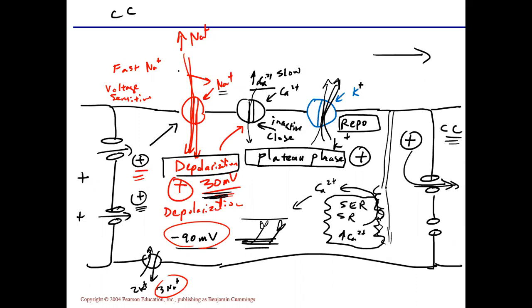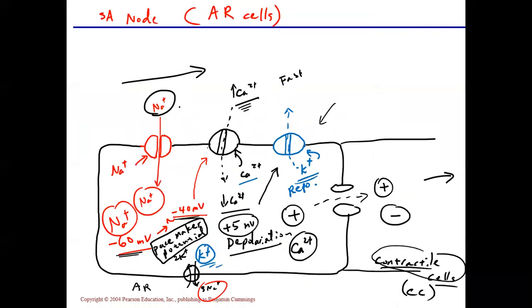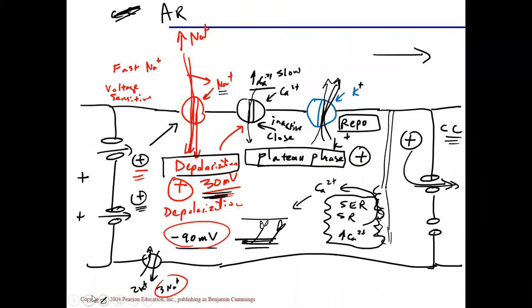No, this is the autorhythmic cells. Yeah, this is the autorhythmic cells. You're right. This is the contractile cells. You were right. Okay, so calcium intake coming in, this calcium can bind to troponin too, and calcium coming in from the SR.